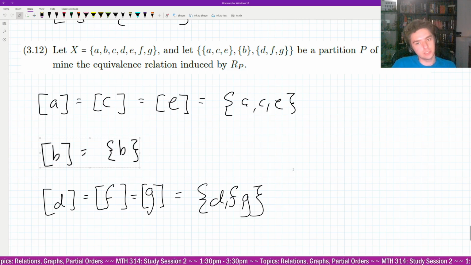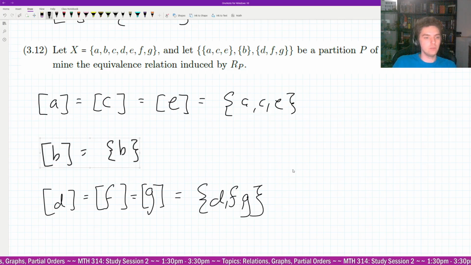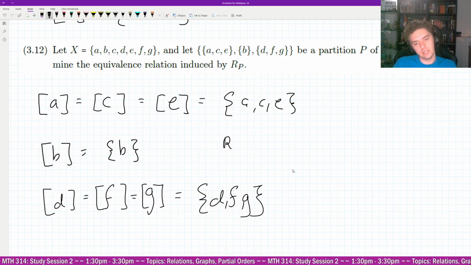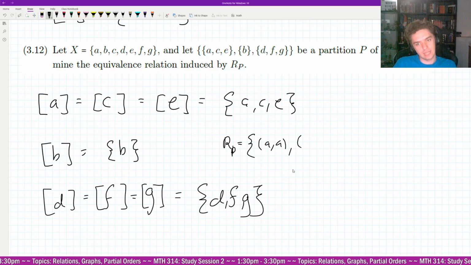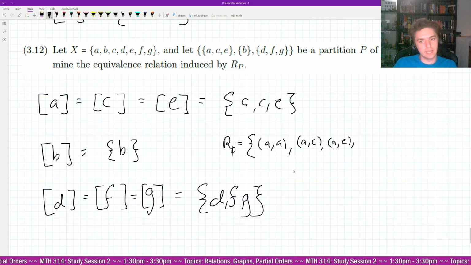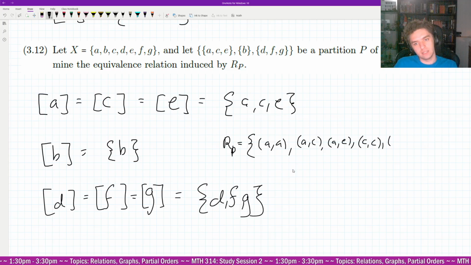So the equivalence relation is just to say that, remember, if the equivalence class of A is {A, C, E}, what that means is that in our relation, RP, we're going to have AA, we're going to have AC, we're going to have AE. Okay, that's from this. And then we're also going to have the opposite too. We're going to have CC, we're going to have CA, and we're going to have CE.